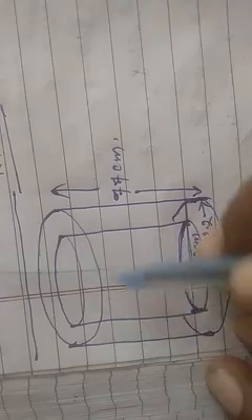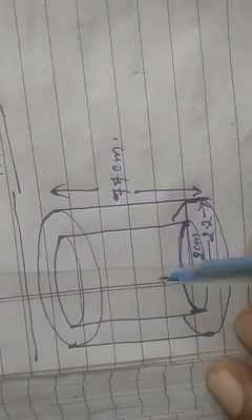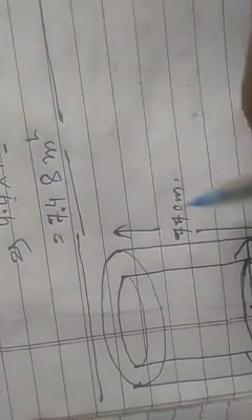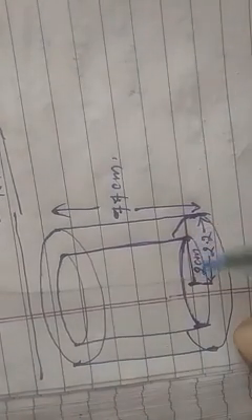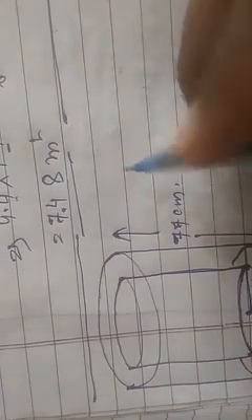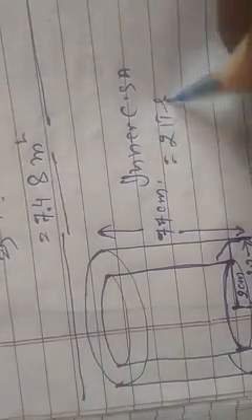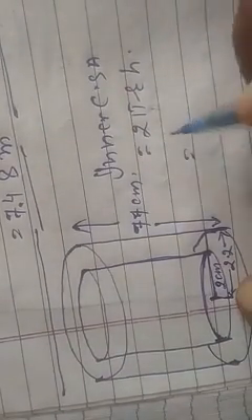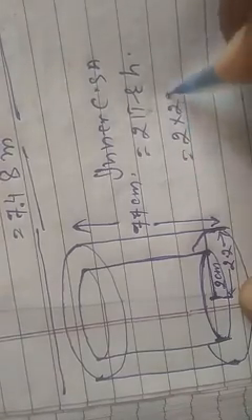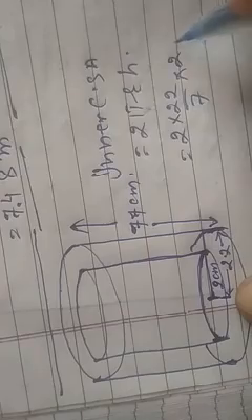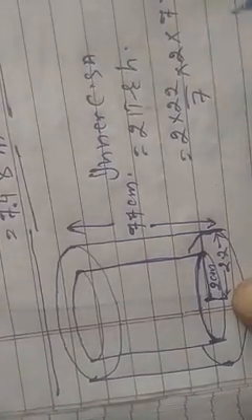Now first of all we have to find the inner curved surface area, means how much paint will be required for the inner curved surface area, the inner part we have to paint. Now for the inner curved surface area, we take height 77, radius 2 centimeter. So inner CSA is equal to 2 pi rh. Then 2 into 22 by 7 into r is given 2 centimeter and h is given 77 centimeter.